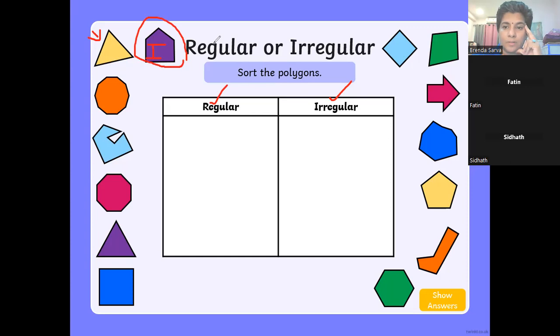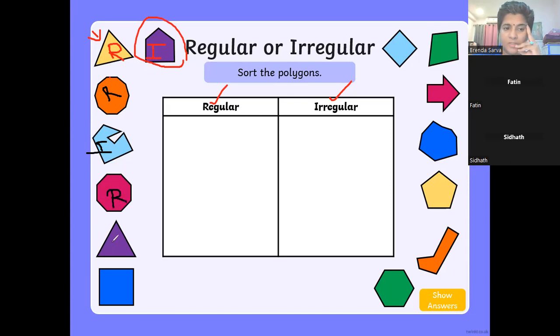Regular. Okay, good. Fatin, how many sides are here? 1, 2, 3. This polygon, how about this orange one? Is it regular or irregular? Regular. Okay. Siddharth, how about this one? Irregular. Okay, good. Fatin, this one? This octagon? Regular.